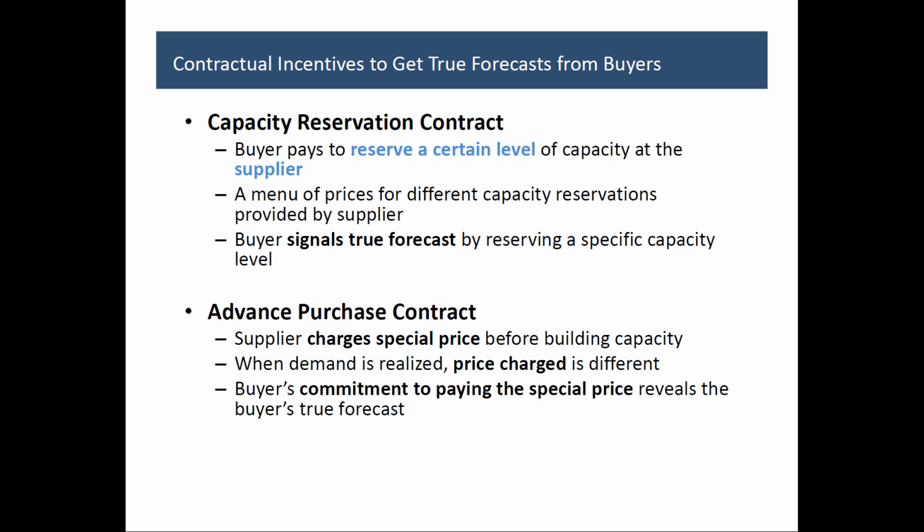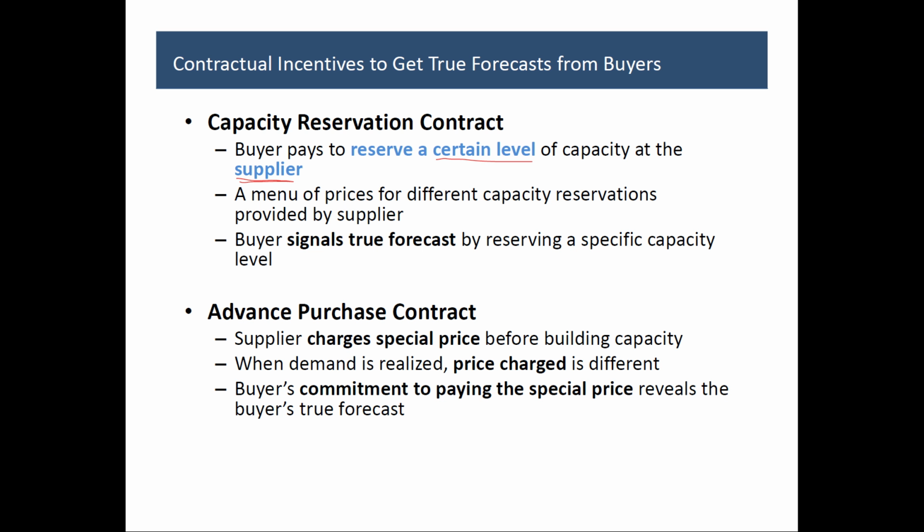So the supplier would manufacture some items, and the buyer would reserve a certain level of that capacity. In that way, the supplier would be certain that a certain portion of their manufactured items would be taken already, and that induces some certainty for the supplier.